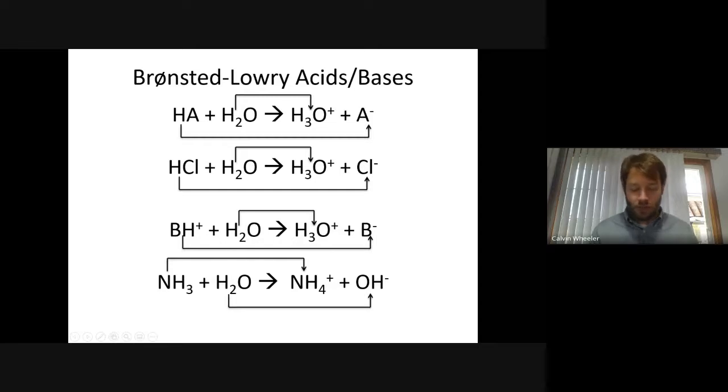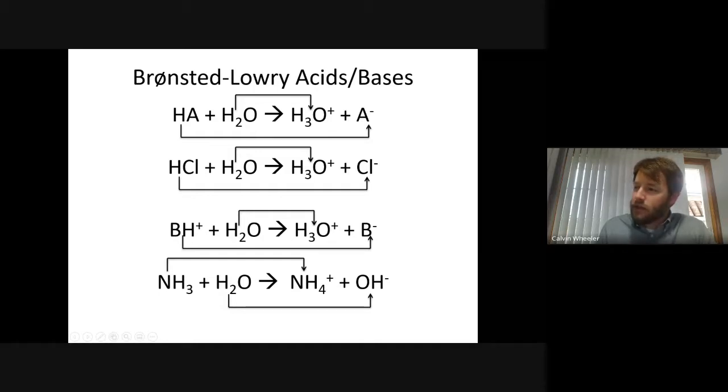So here are some examples of Bronsted-Lowry acids and bases, and we can analyze these. Here's a generic example up here. We have the substance and we're putting it in water. When we do that, water becomes hydronium. So it took on a hydrogen ion, it accepted it. Therefore water, in this case, is acting as a base because it's accepting the hydrogen ion.